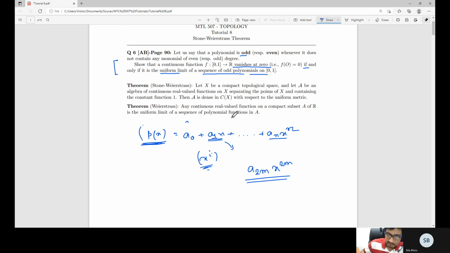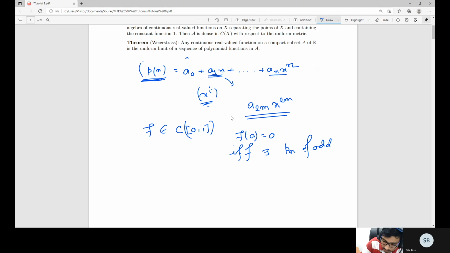Means if we have a function f, of course belonging to C[0,1], then f(0) is equal to 0 if and only if there exists a sequence Pn of odd polynomials such that the limit of norm Pn minus f is equal to 0, or this converges to 0. Fine. This is the question actually.